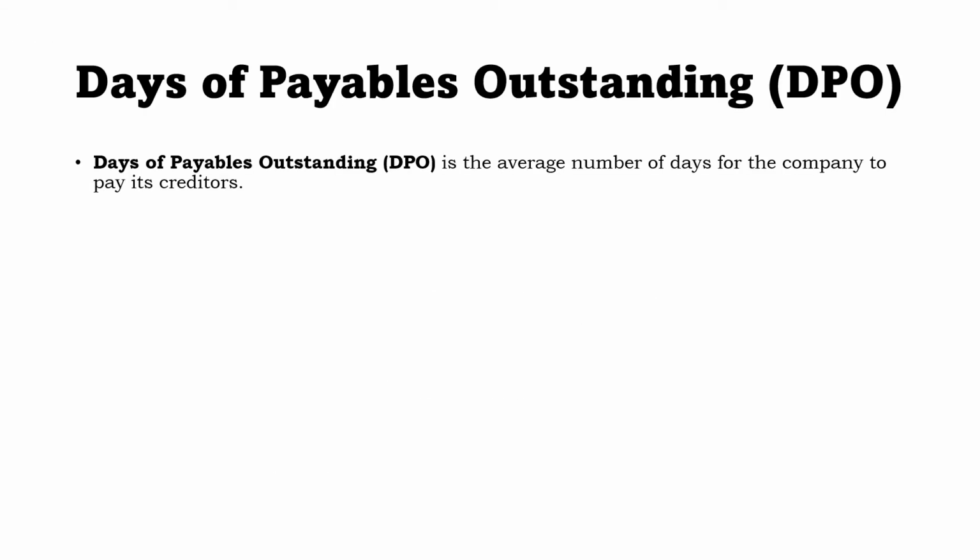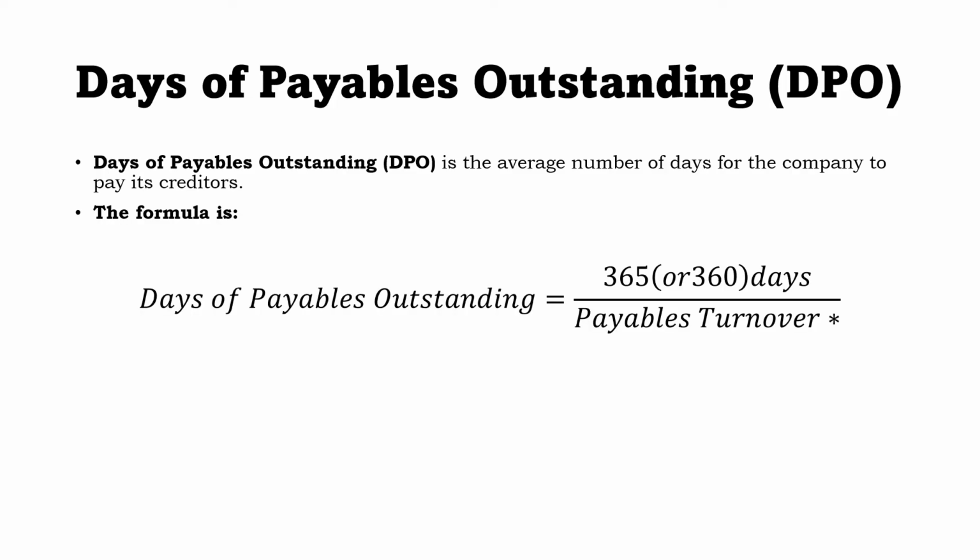Now let us know what days of payables outstanding, or DPO, is and its formula. Days of payables outstanding or DPO is the average number of days for the company to pay its creditors. And the formula is days of payables outstanding is equal to 365 or 360 days divided by payables turnover.